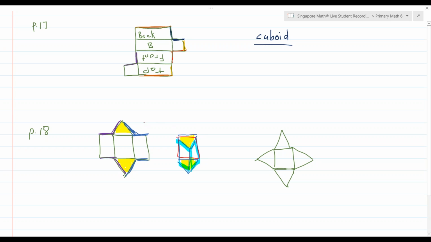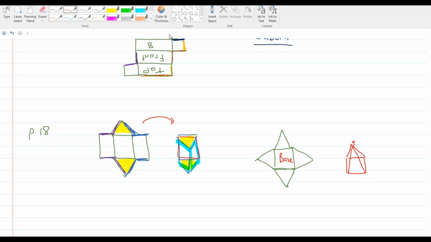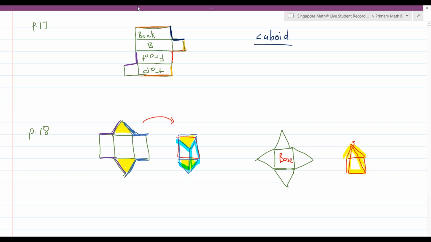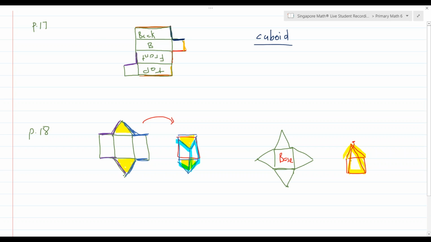Okay, so this figure folds like that. What happens with this other one? Can you picture it? Can you start thinking about it? Make this your base, and each of these folds up, so what happens? We end up with triangles that go up to the top of a pyramid. And so each of these sides is in the shape of a triangle, and there will be four of them. And then of course I have my base right there at the bottom.